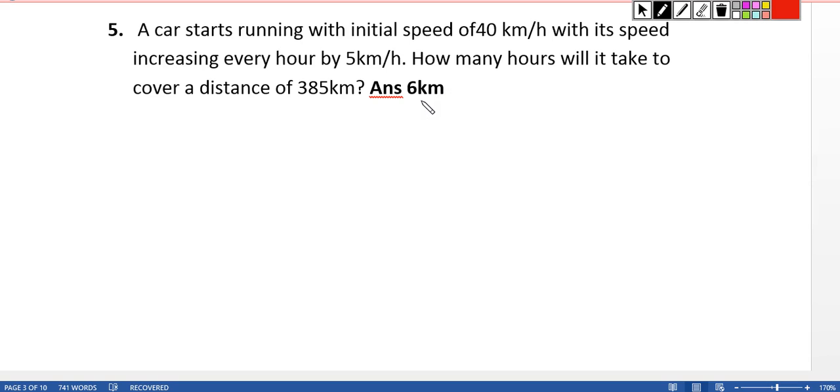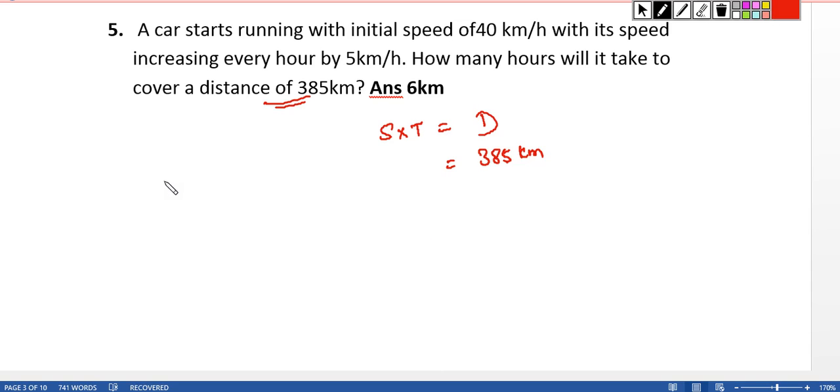So what should we do now? Again the same formula: speed into time equals distance. What have they given? The distance traveled is 385 kilometers. The car starts running with an initial speed of 40 km per hour, with its speed increasing every hour by 5 km per hour.